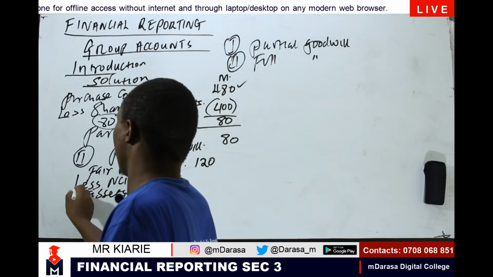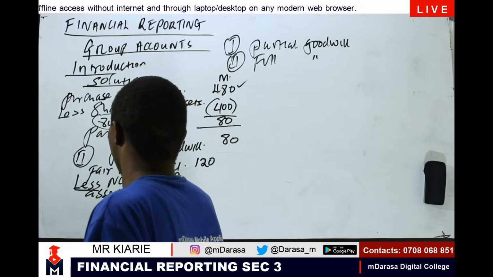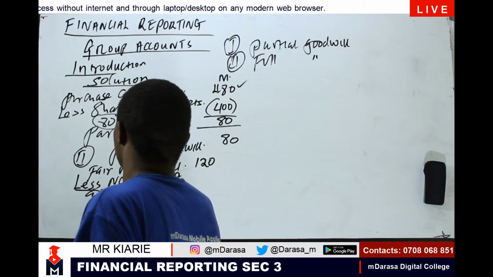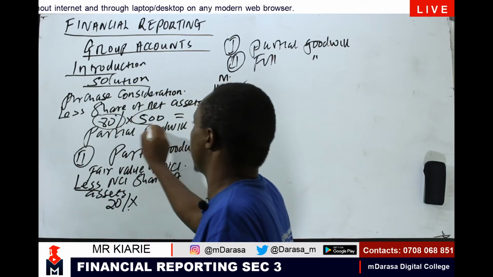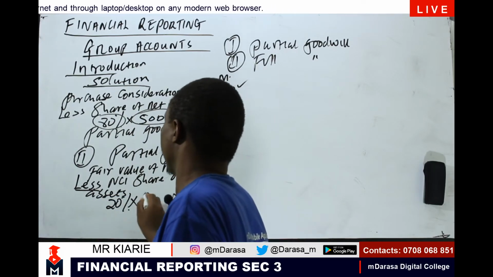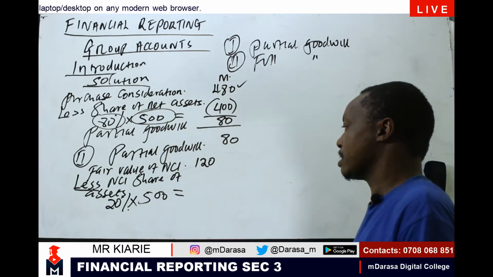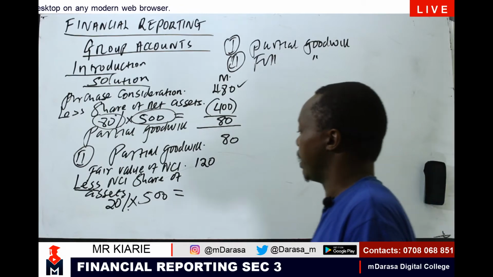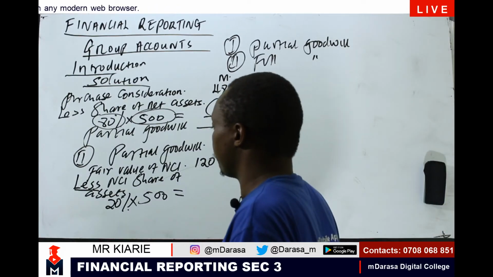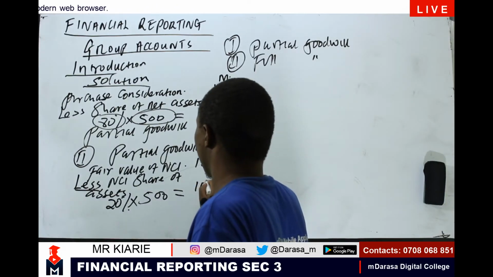The share of NCI assets will be 20% times the net assets of our subsidiary, 500, which is 100.